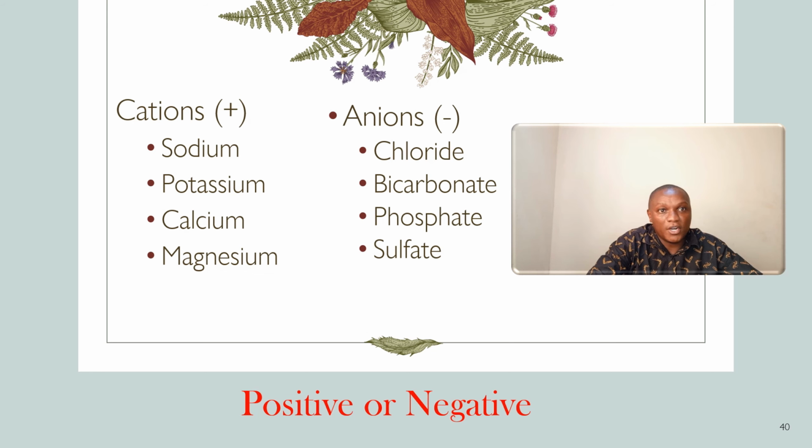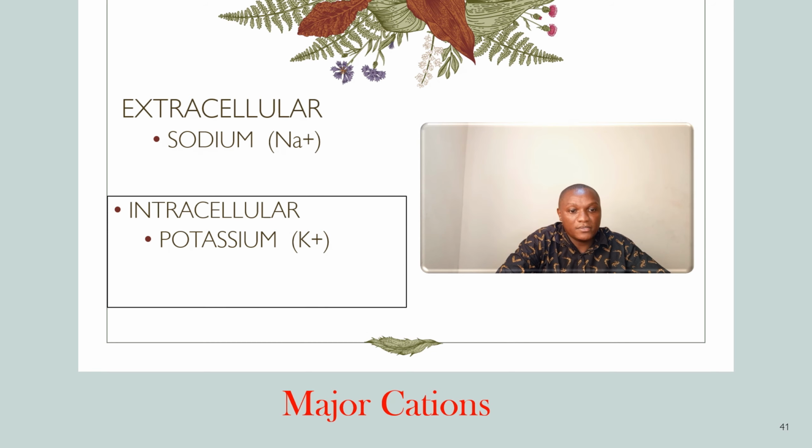Negative electrolytes, which we call anions, are chlorides, bicarbonates, phosphates, and sulfates. Sodium is the major extracellular cation, and potassium is a major intracellular cation.